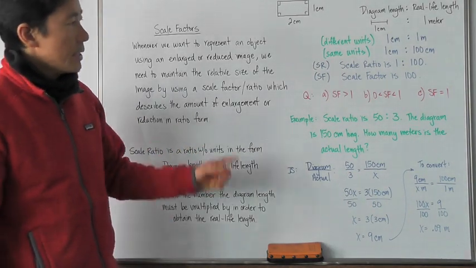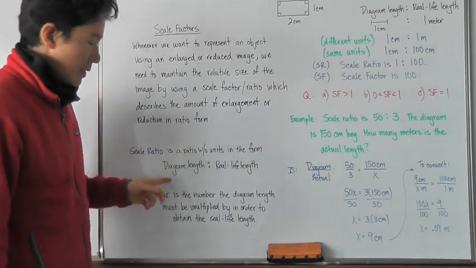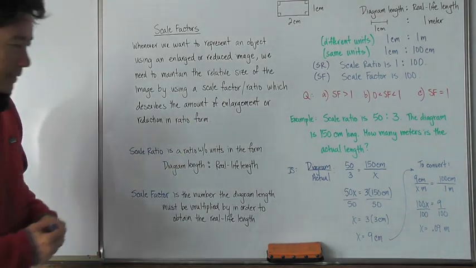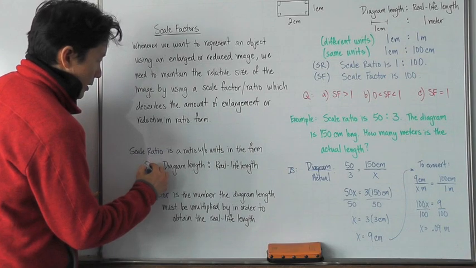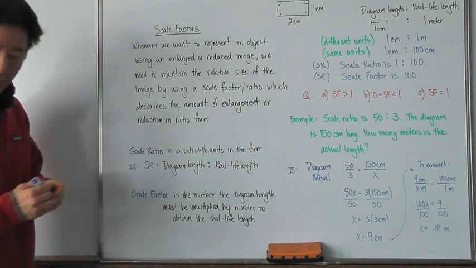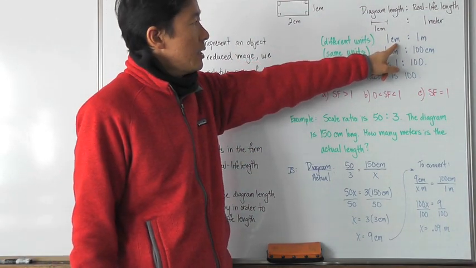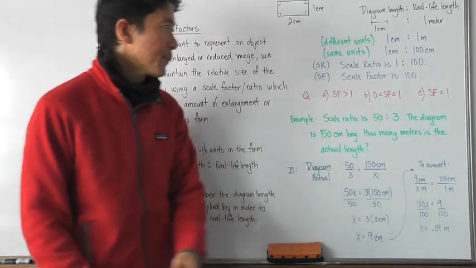So now notice, if I wanted to calculate what the scale ratio is, the scale ratio is basically this, right? This is your initial statement for scale ratio. It is going to be the same thing as 1 centimeter to 1 meter.